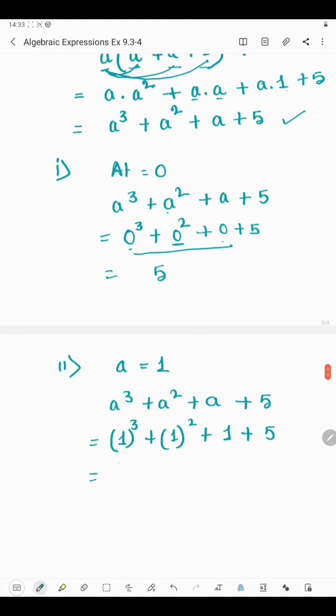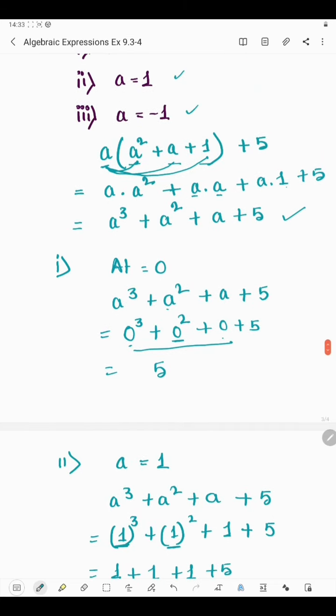Now here 1 into 1 into 1, if you write 1 thrice, we'll get 1 only. Whatever the power, if the base is 1, then we'll get 1. Now here 1 into 1 is 1, and then we have 1 plus 5. Now we'll add these to get the answer. So 5 plus 1 is 6, 6 plus 1 is 7, 7 plus 1 is 8. Okay, so the answer of the second part will be 8.